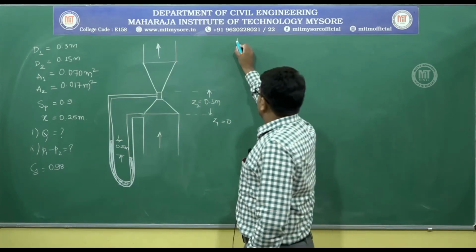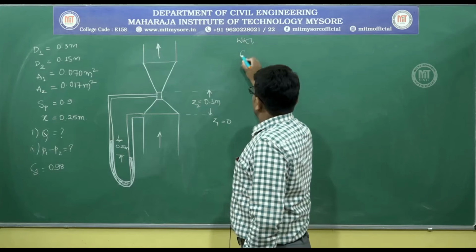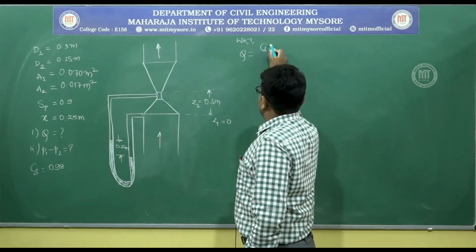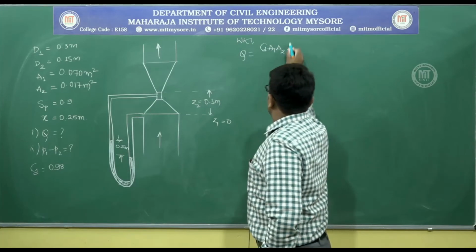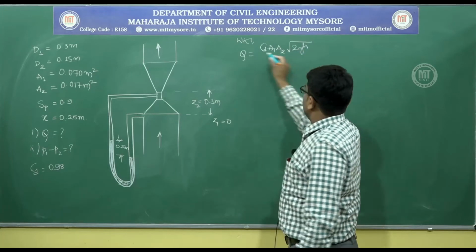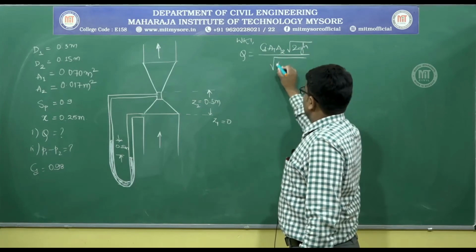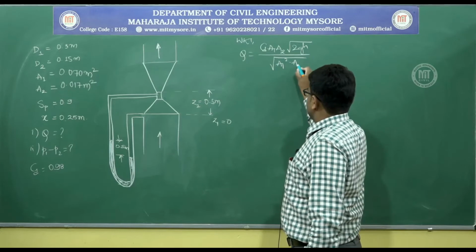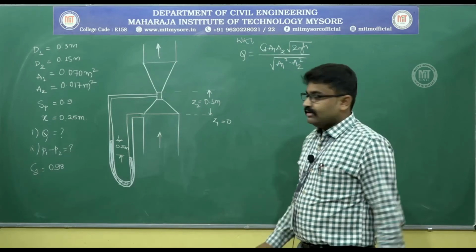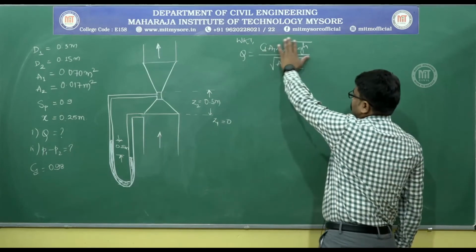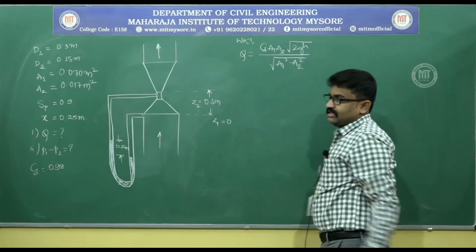So, we know that Q is equal to CD A1 A2 root 2GH divided by root of A1 square minus A2 square. A1, A2, CD are known. To find out H, what needs to be done?